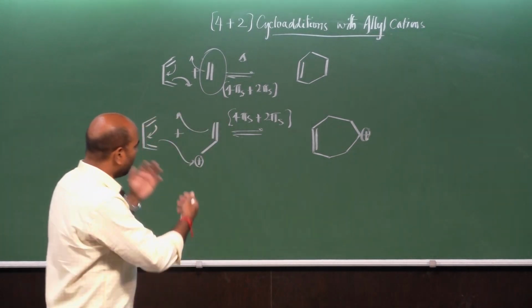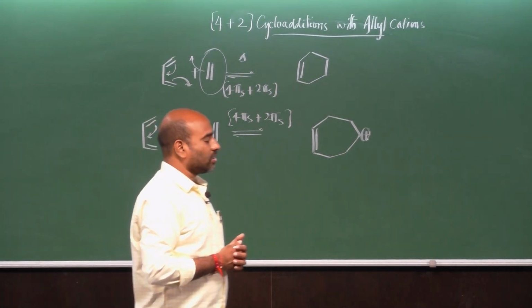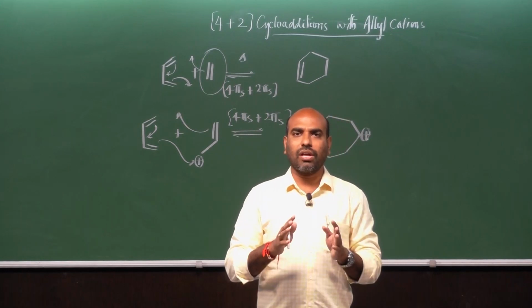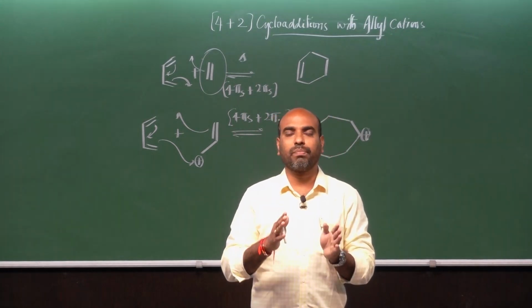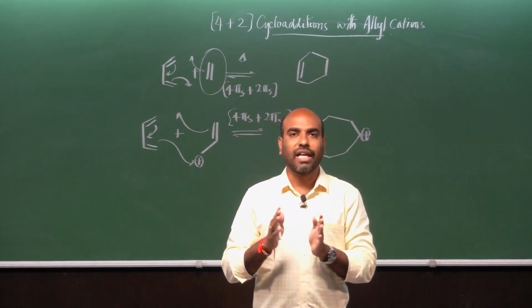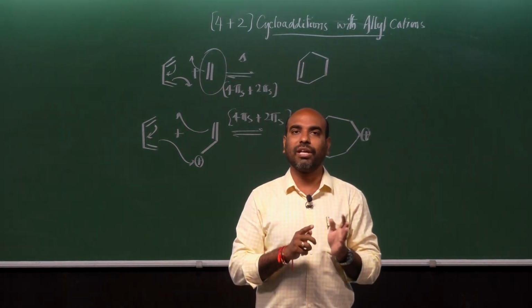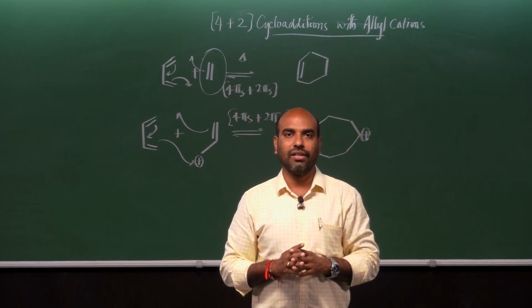So we will now see the properties of this special type of pericyclic reaction. This absolutely follows the 4 pi supra plus 2 pi supra type of cycloaddition, and it is also thermally allowed, similar to the Diels-Alder reaction, right.